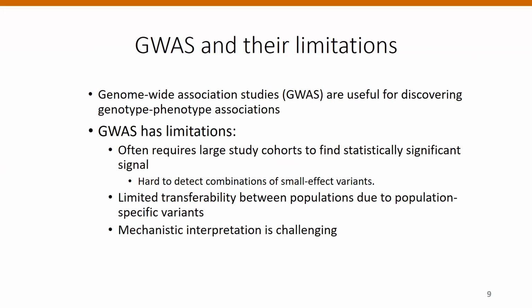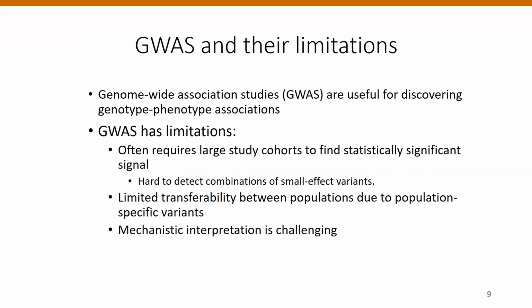They often require large study cohorts to find statistically significant signal. It's even harder to detect combinations of small effect variants. It has limited transferability between populations due to population-specific variants.